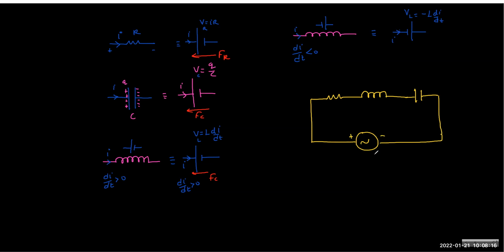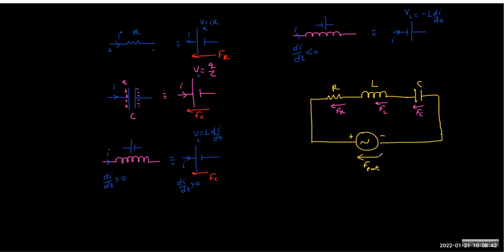Let's say the polarity is this much. So this is the applied force, F external, because this is plus, so this is acting, and all will try to oppose. So the force of the R will be like this, F R. Okay.